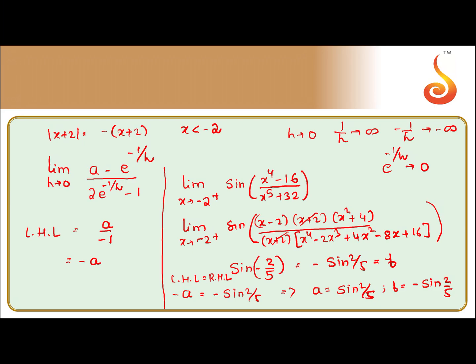Left hand limit is equal to right hand limit is equal to value of the function. I'll write clearly: the function is continuous when left hand limit is equal to right hand limit is equal to value of function. So therefore, we got a comma b as sine 2 by 5 comma minus sine 2 by 5.